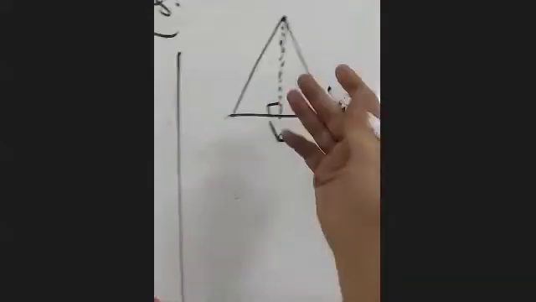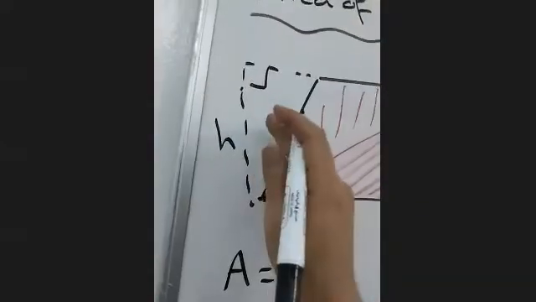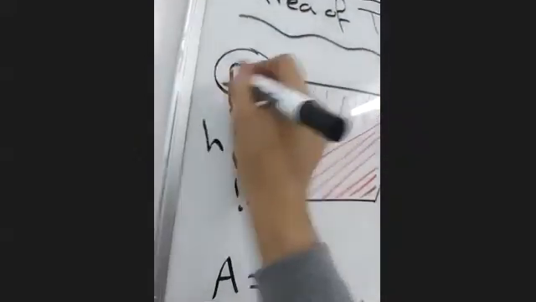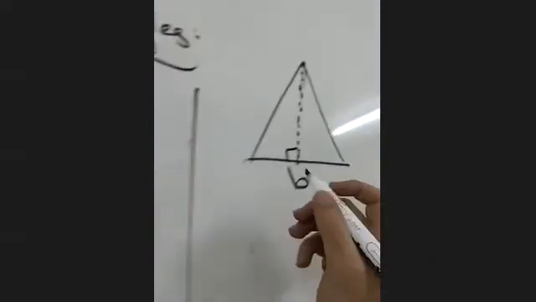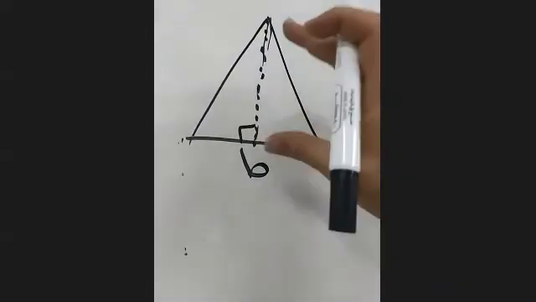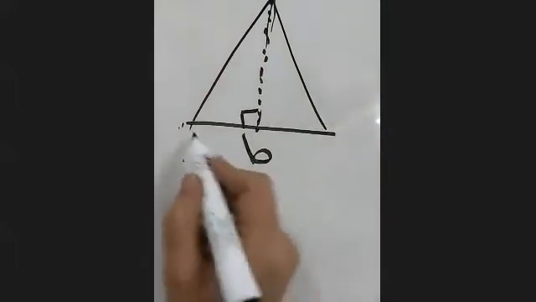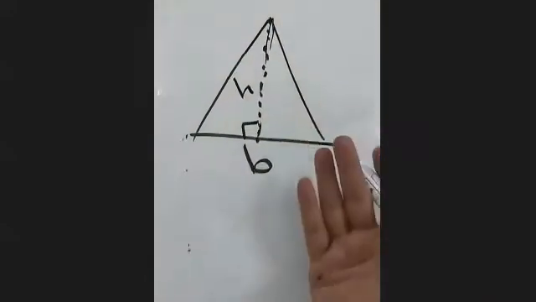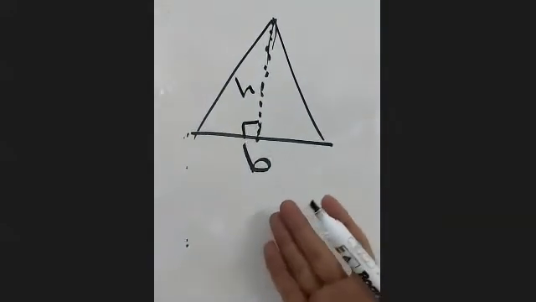How do we know the height, guys? Again, we know the height by the right angle. If you have a right angle here or here, this means the height. And the height always intersects with the base, okay?